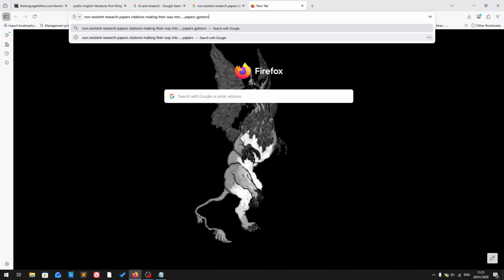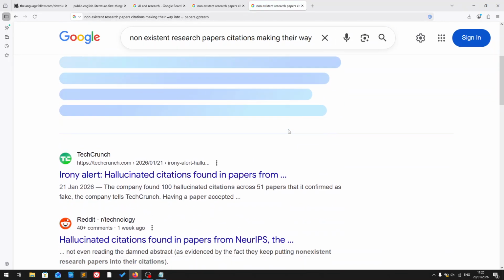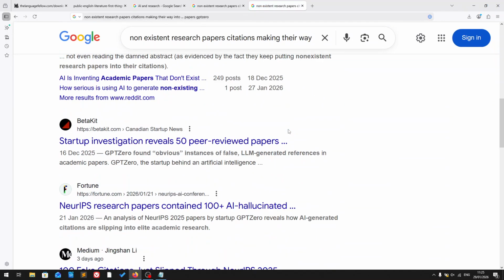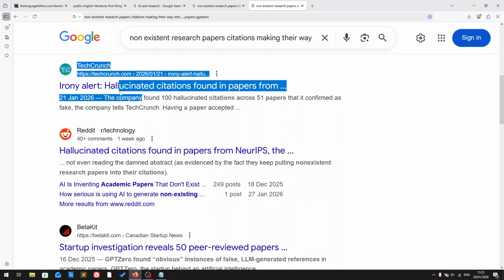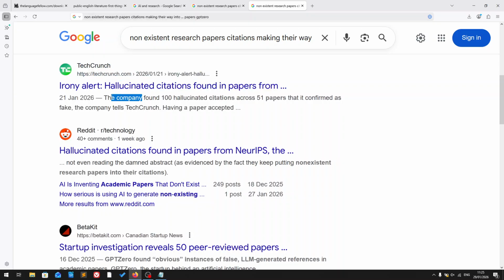GPTZero. The company found 100 hallucinated citations across 51 papers that it confirmed as fake, the company tells TechCrunch. Okay, so the company that's been referred to as GPTZero.